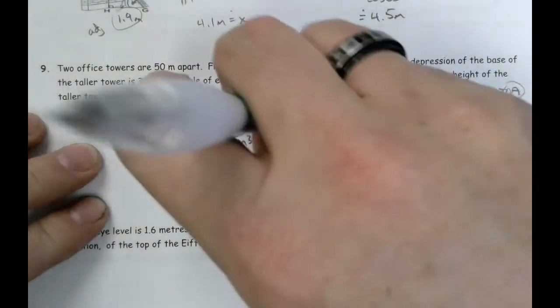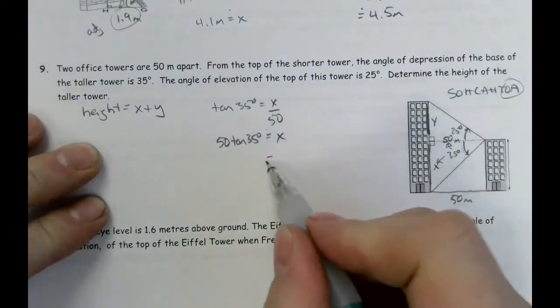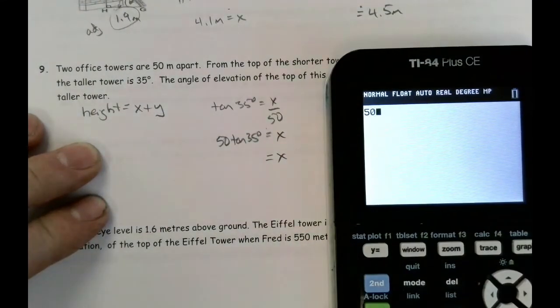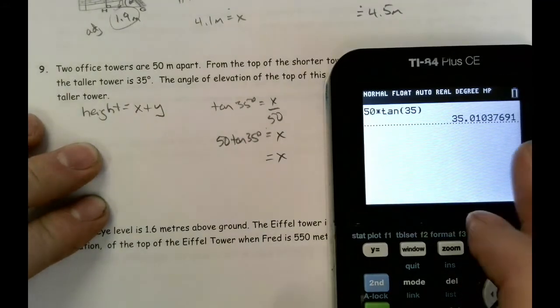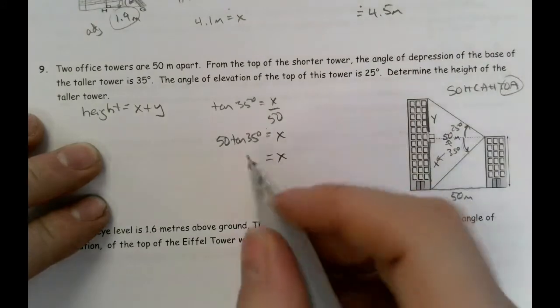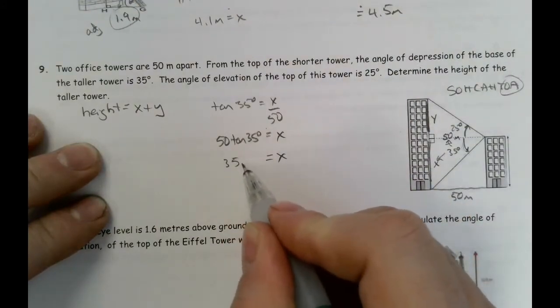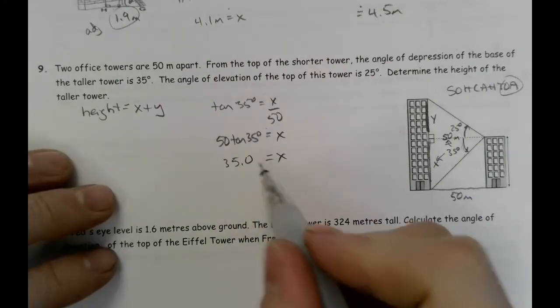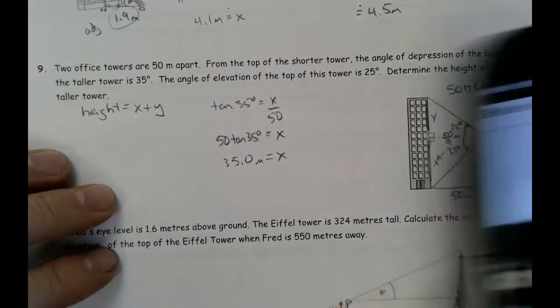Oops, sorry, I was going to put an approximately there, but I'm not there yet. So, going to my calculator, 50 times the tangent of 35. Okay, now I'm actually going to leave that in my calculator. I'm going to leave that number sitting right there.